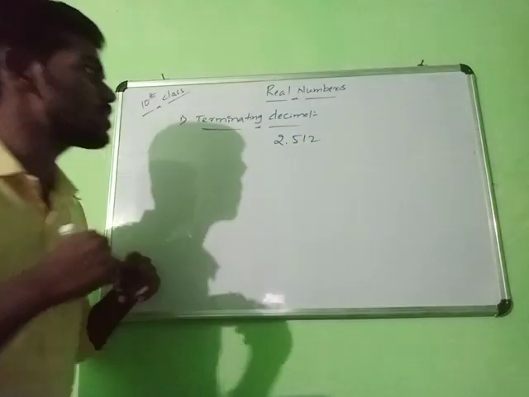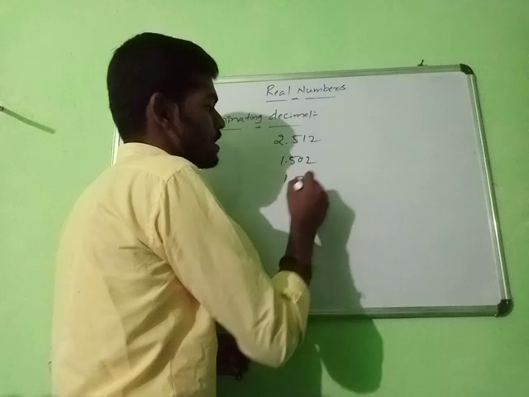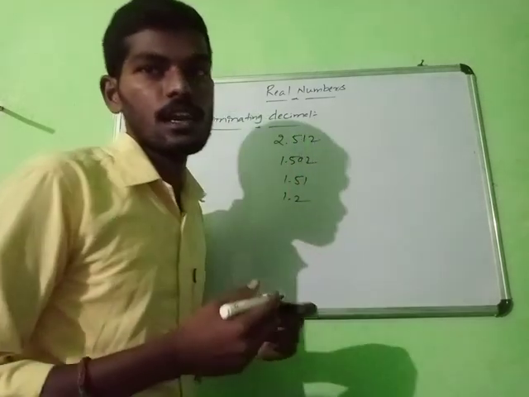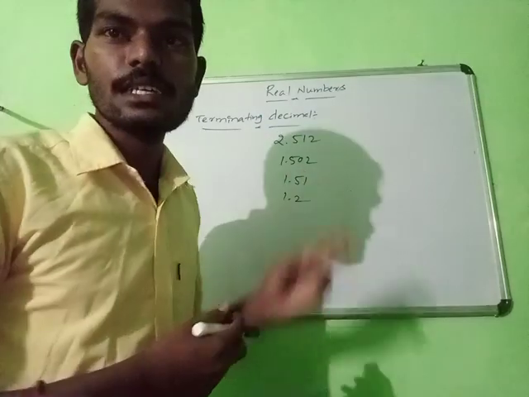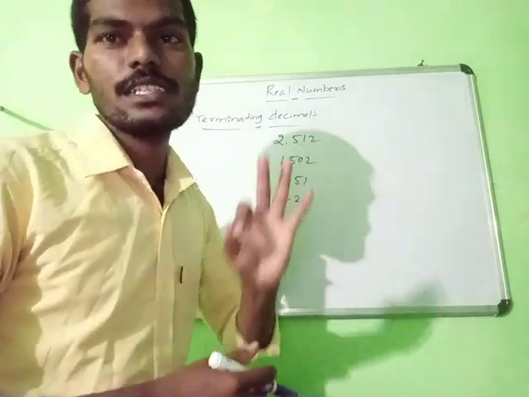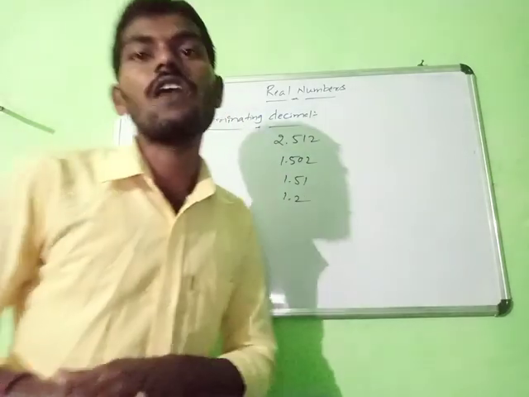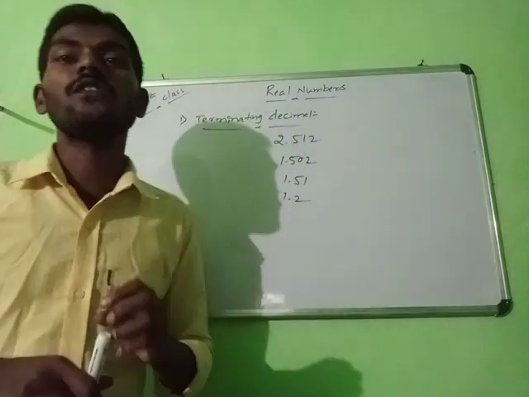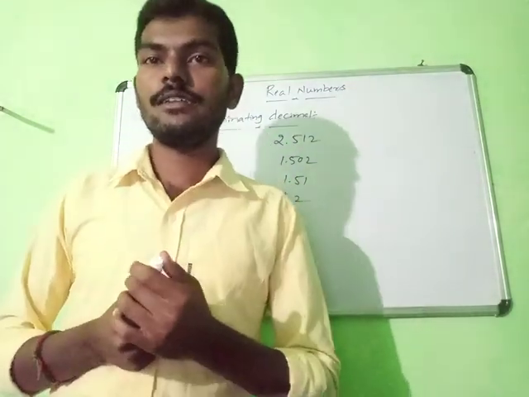So 2.512, 1.502, 1.51, 1.2, like this. Here, after the decimal point, only one digit. Here 2 digits. Here 3. Here also 3 digits. Like this, in any decimal number, after the decimal point only finite digits is there. It is called a terminating decimal number.